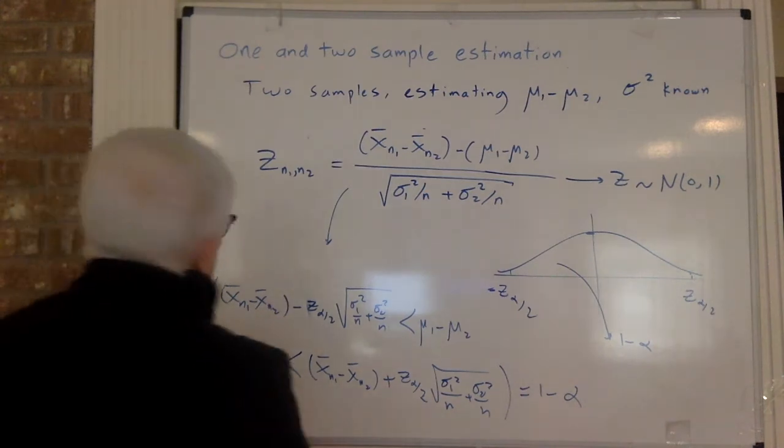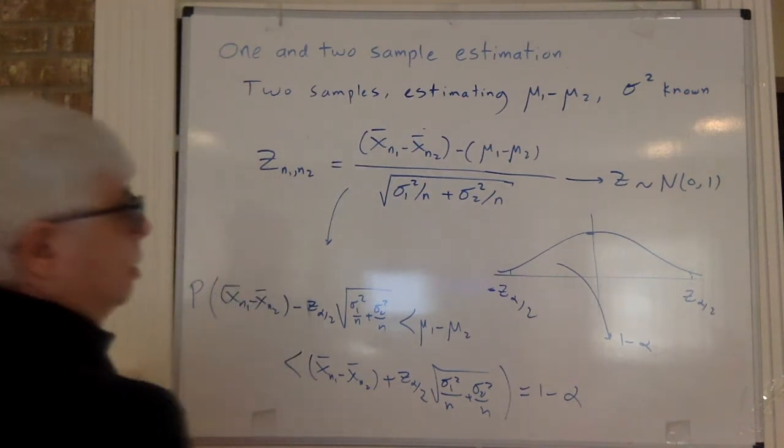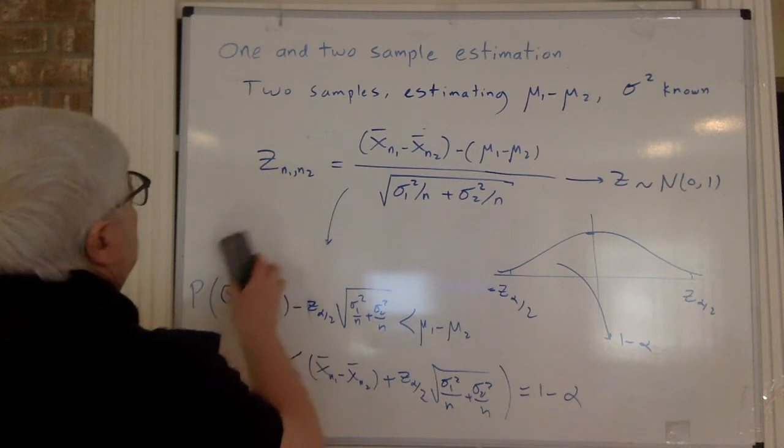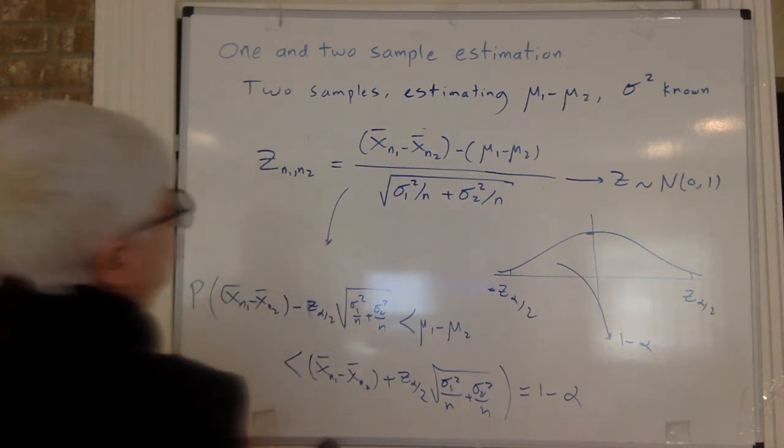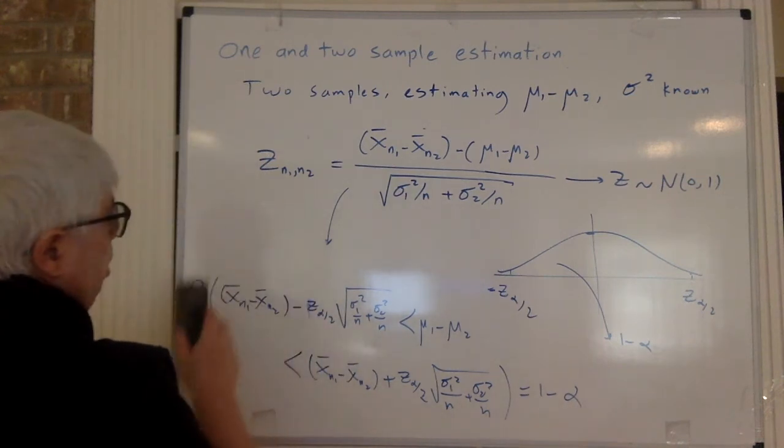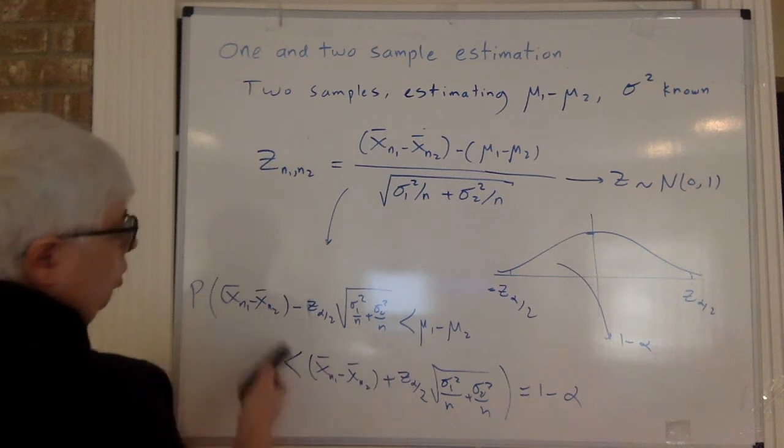So I can say that with confidence 100 times 1 minus alpha percent, mu1 minus mu2 falls within this interval.